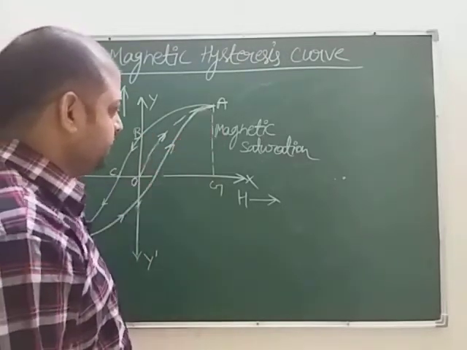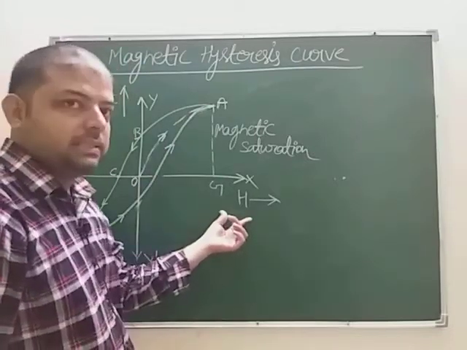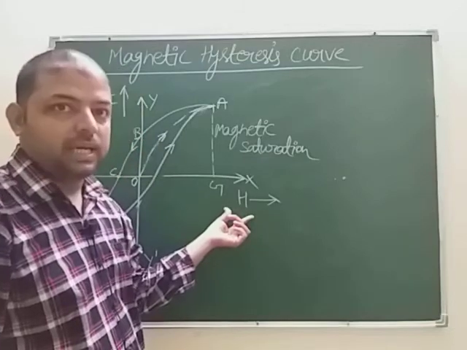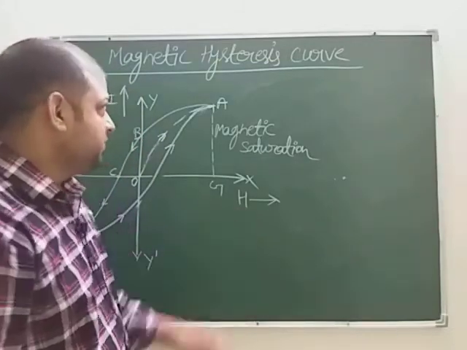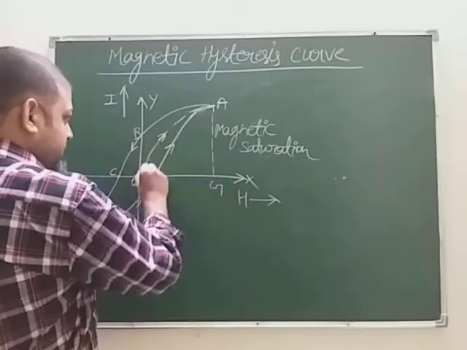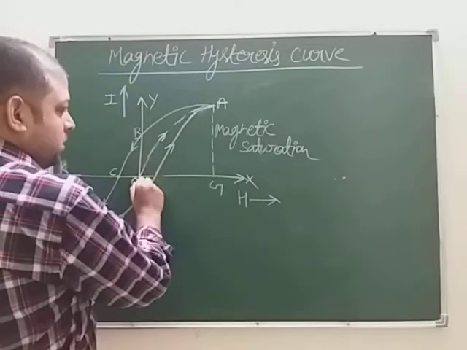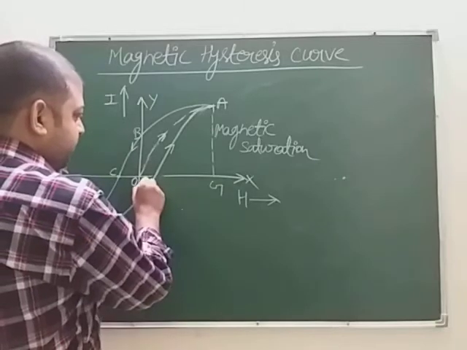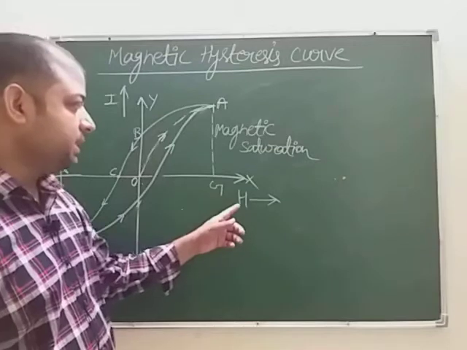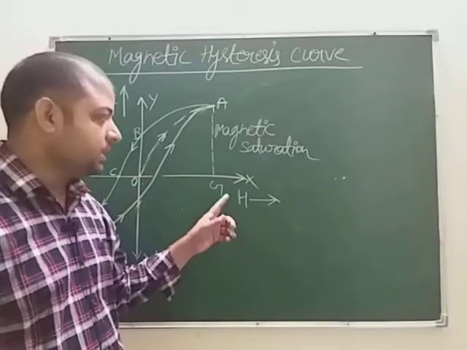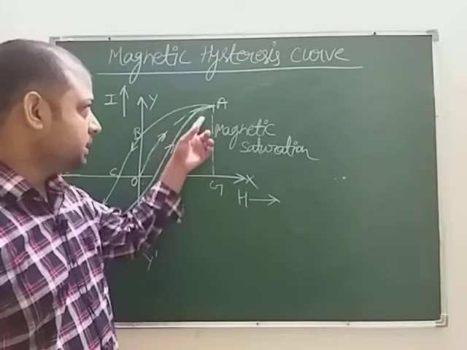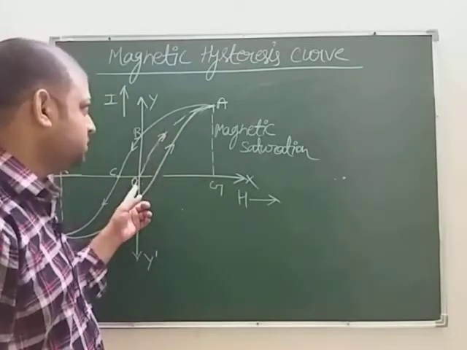So now if we decrease the value of magnetizing field H, we will see that the graph doesn't return back on the same path AO. The graph moved from O to A, but when we decrease H, it will not come back on its original path AO.